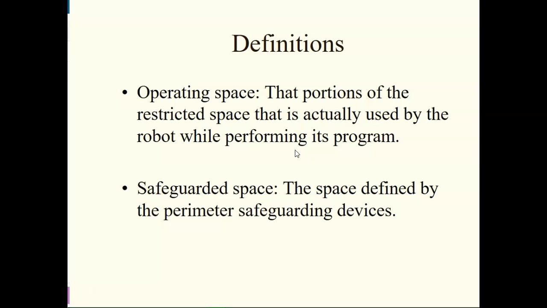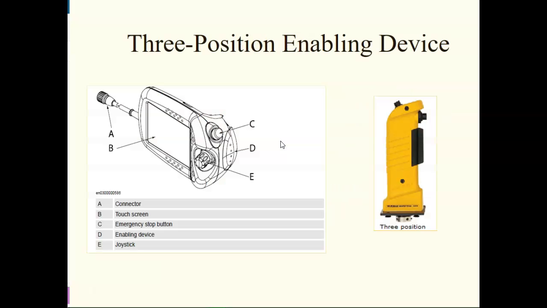So that's the perimeter devices. One of the things you have to have on every teach pendant, or anytime you're walking into the robot cell, is a three-way dead man switch, or three position. What that means is that if that robot all of a sudden starts swinging around towards you, what's going to happen?